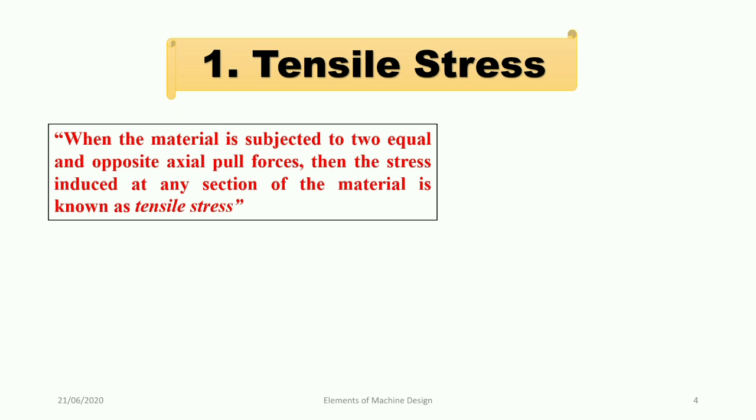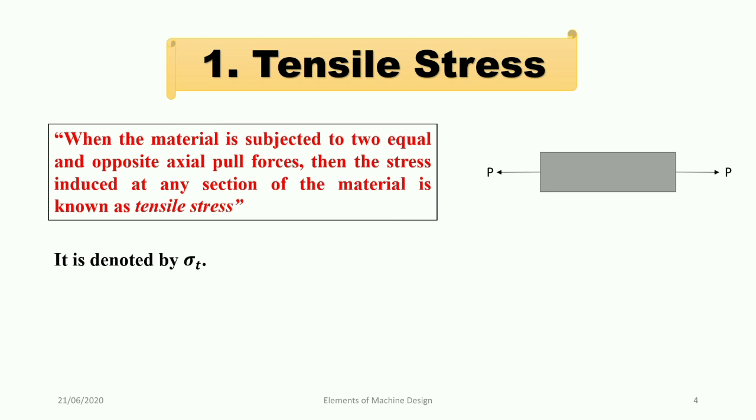In the diagram you can see the two equal and opposite pull forces acting on the prismatic bar. Due to that, the stress induced in the material is called tensile stress.